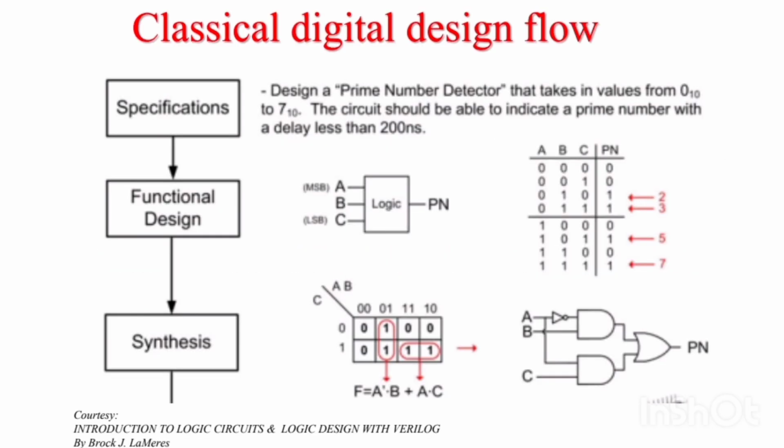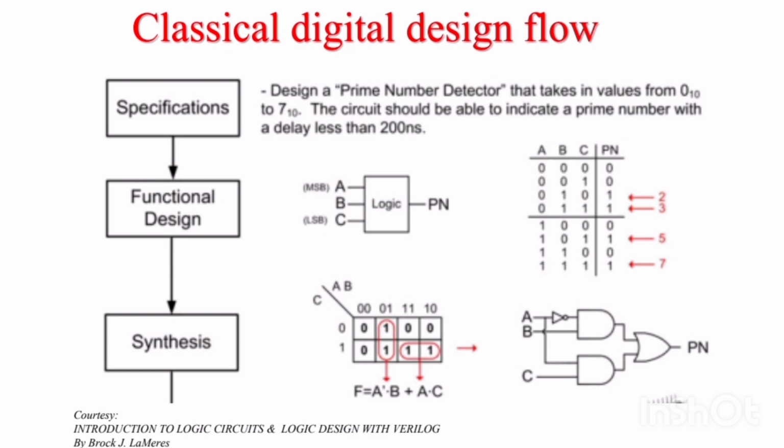Let's discuss now the classical digital design flow with a suitable example. The example over here is designing of a prime number detector. So the first step we have is the specifications.